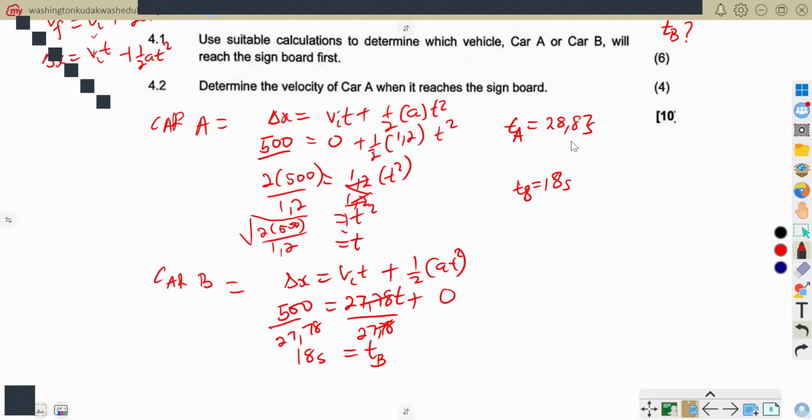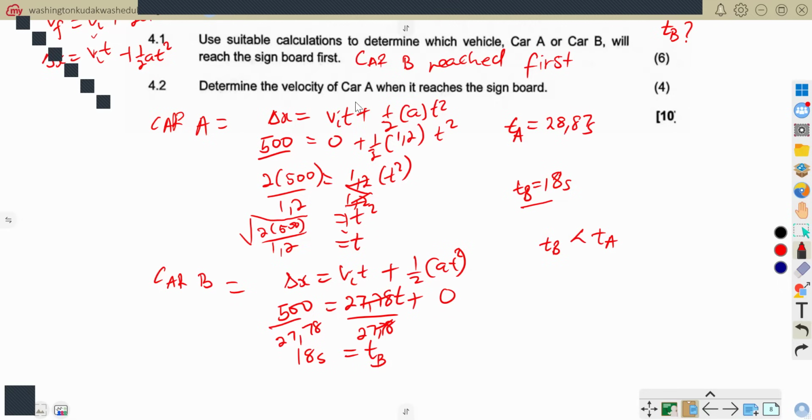So which one between the two reached the signboard first? It will be B, because its time taken is less than the one for A. So our car B reached the signboard first.